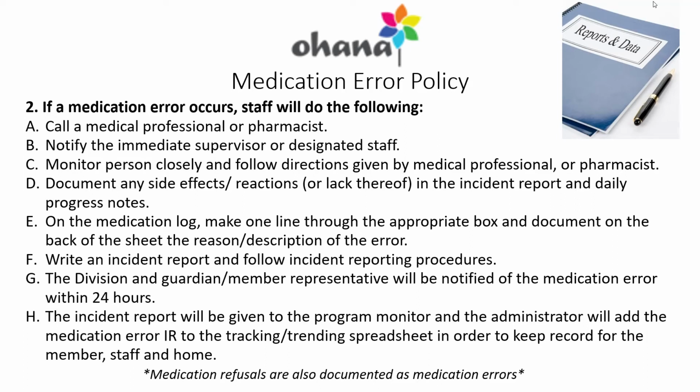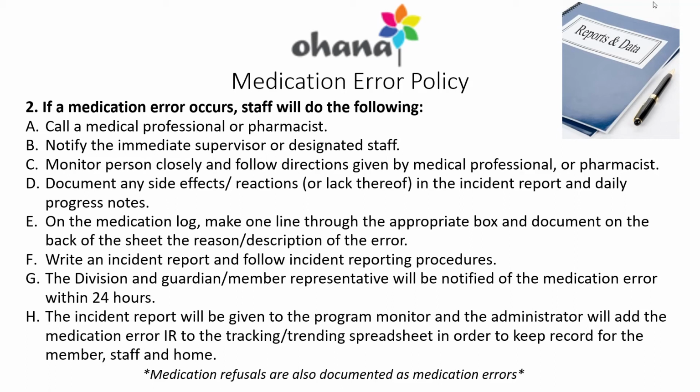So if someone missed a medication for tremors and you notice an increase in their tremors, that's something you should document. If someone missed a behavior modifying medication and you notice an increase of maybe a behavior of verbal aggression or property destruction or rocking or compulsive behaviors, that's something you need to document.